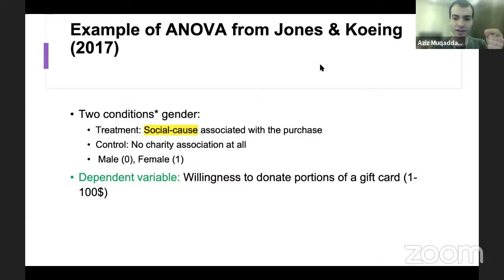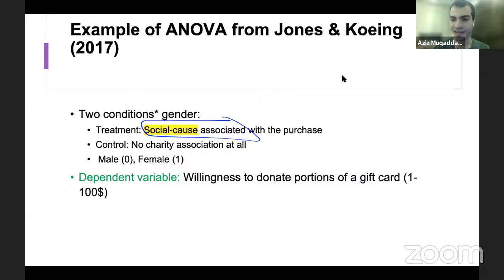You know when you purchase something at the supermarket and then they ask you for charity? Like, you can add $1 for charity. So they did an experiment online, and they made you make a purchase. One purchase would be associated with social costs, so let's say helping the environment, and one purchase had no social costs associated.